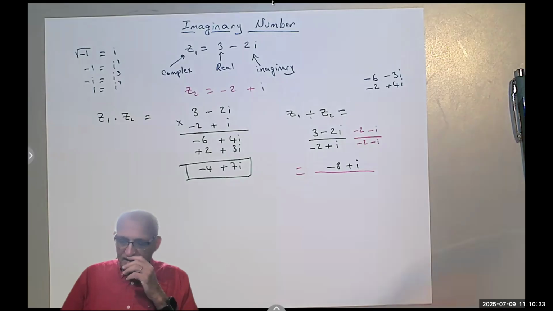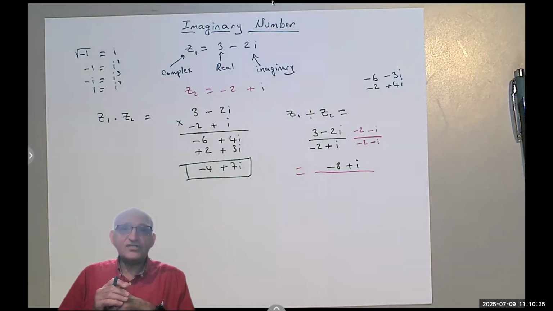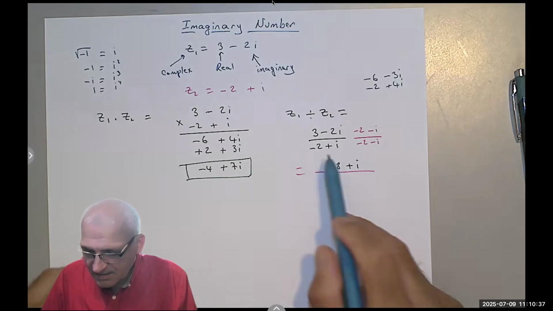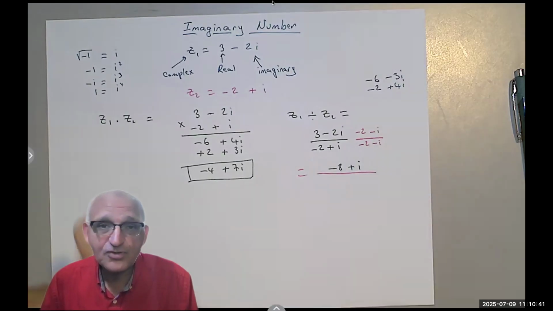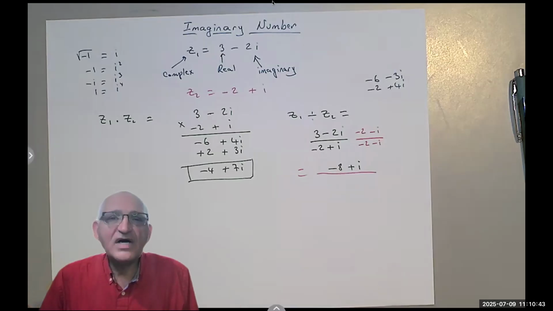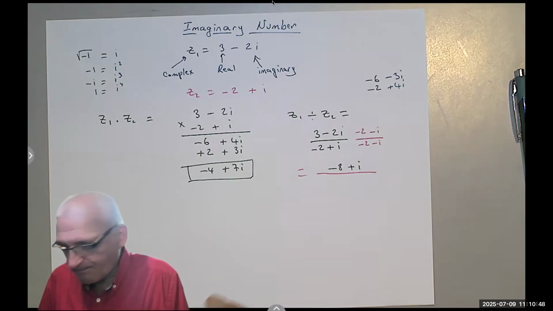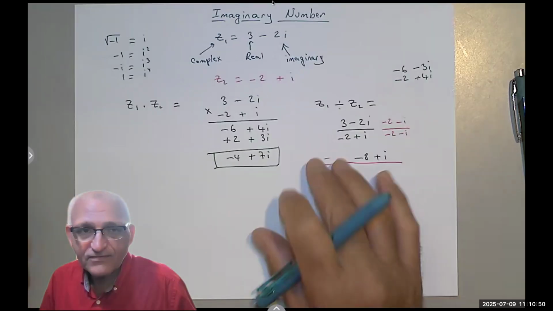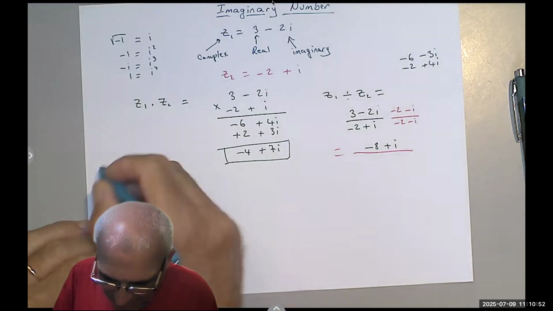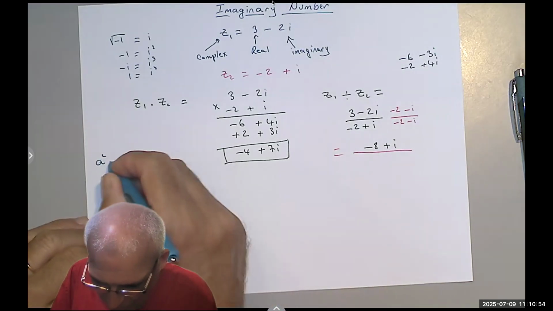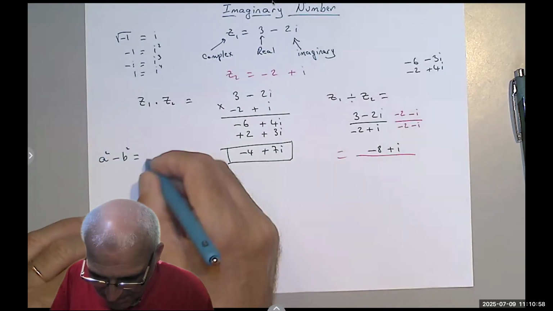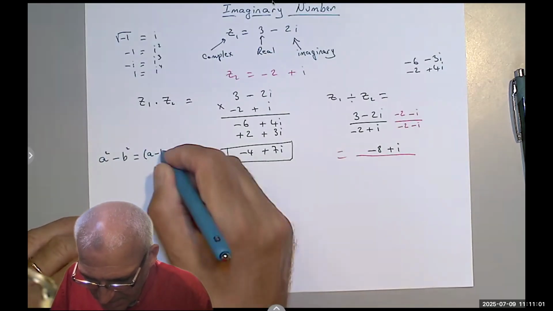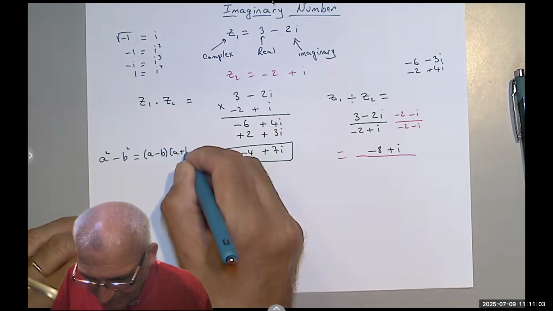Remember when we had a difference like a plus b times a minus b? We say it becomes the difference of two squares. In the case of i, it becomes the sum of two squares. I'm going to remind you of something we did earlier. Remember when I told you that if you want to factor a squared minus b squared, you say a minus b times a plus b, right?